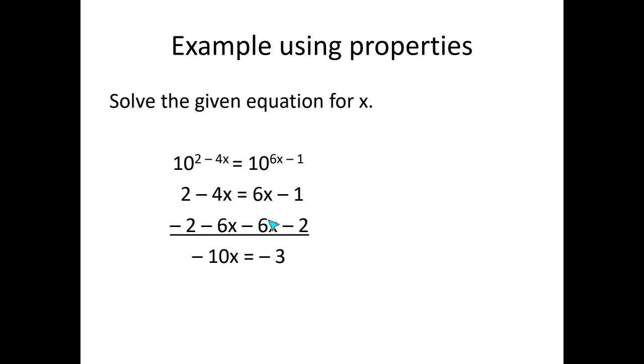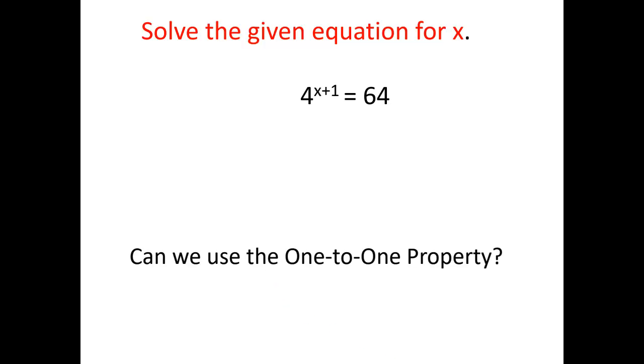So I'm going to subtract 6x on both sides, and I'm going to subtract 2 on both sides. And that gives me negative 4x minus 6x is negative 10x, and negative 1 plus negative 2 is negative 3. Divide by negative 10. So we get 3 divided by 10, so 3/10.